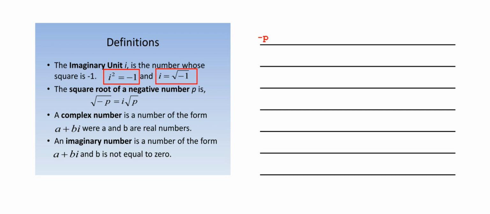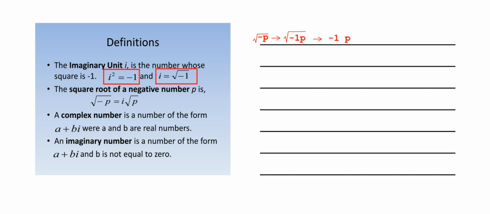Let me try to explain this a little bit more in detail to make it easier to visualize. If we have negative p to start with, we take the square root of negative p. In other words, let's call it -1 times p. We can always add a 1 in between there, right? And it's the square root of -1 times p. How about if we separate this a little?